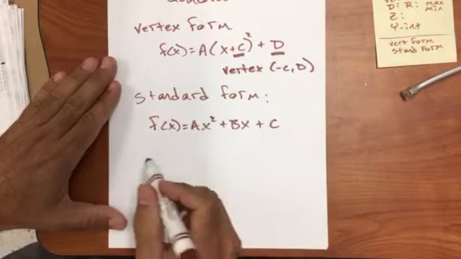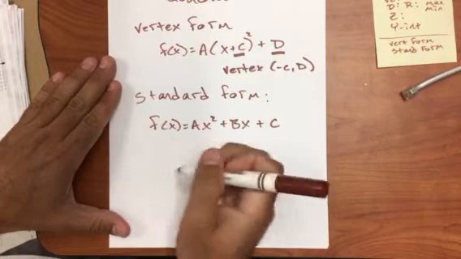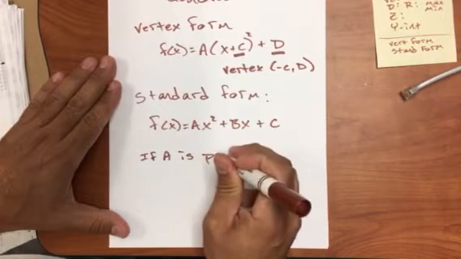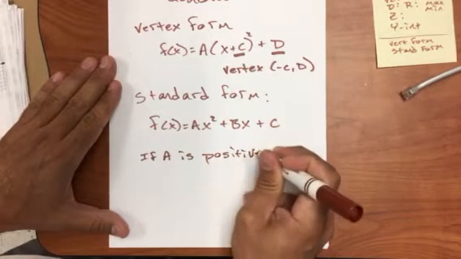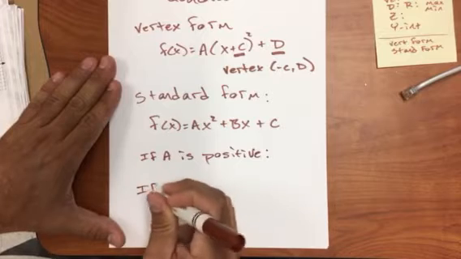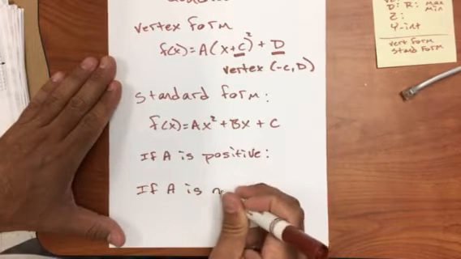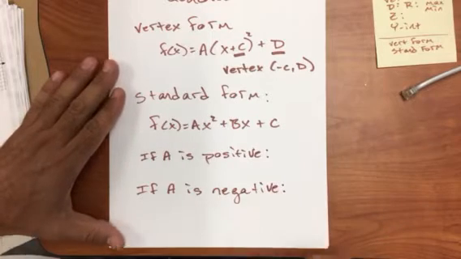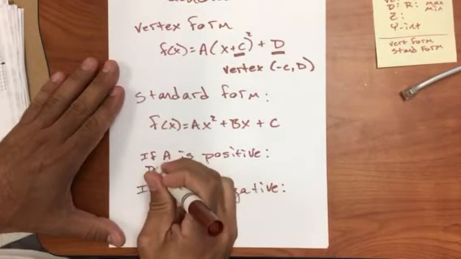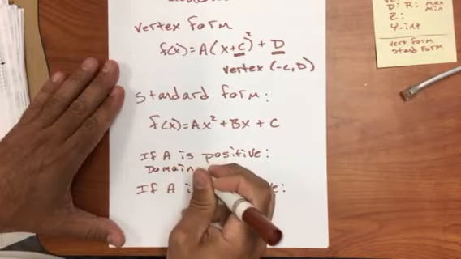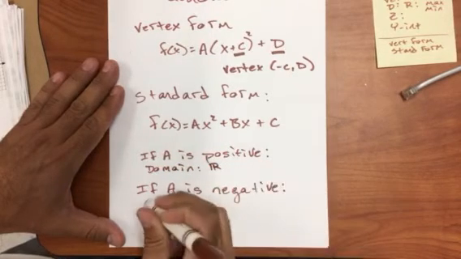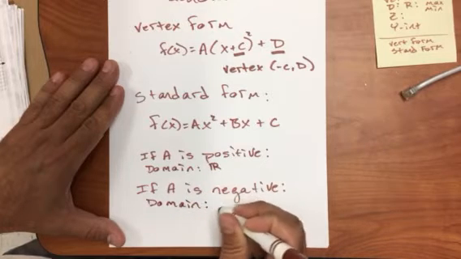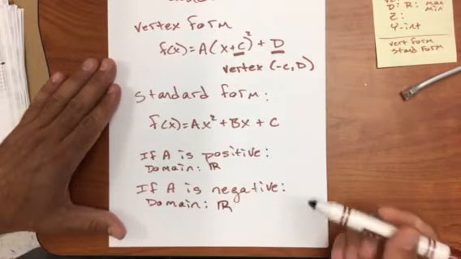So the first thing that I want to talk about on quadratics is if a is positive and if a is negative. Now on a quadratic without restrictions, your domain is going to be all real numbers, no matter what, unless they give me some sort of restriction. But your range is not.